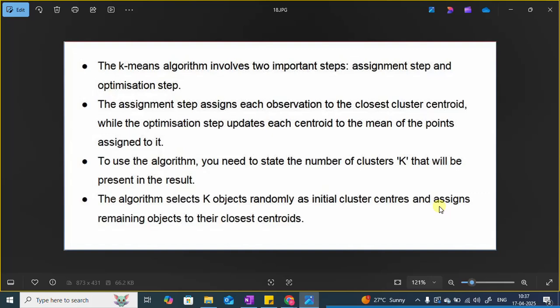To use the algorithm, you need to state the number of clusters, that is k, that will be present in the result. You have to take initially maybe 4 clusters, 5 clusters, 7 clusters, whatever it may be. The algorithm selects k objects randomly as initial cluster centers and assigns the remaining objects to their closest centroid.